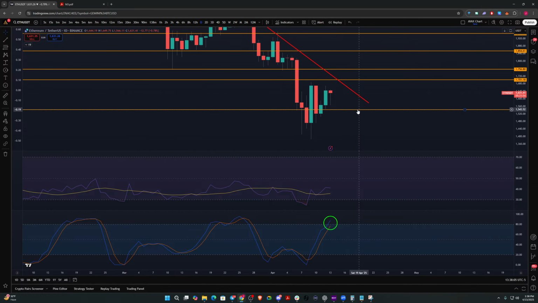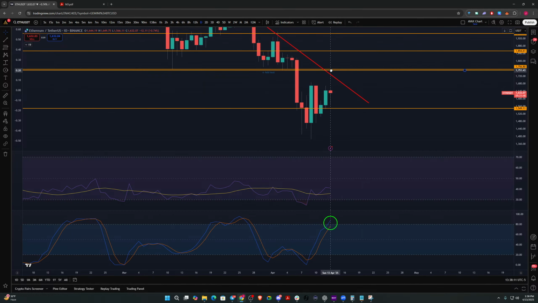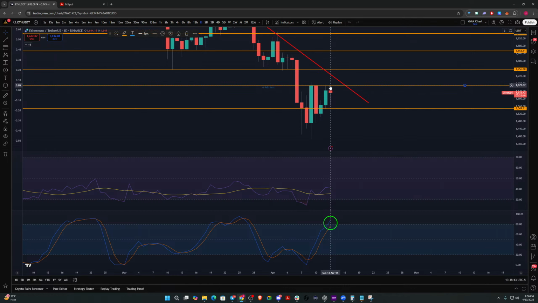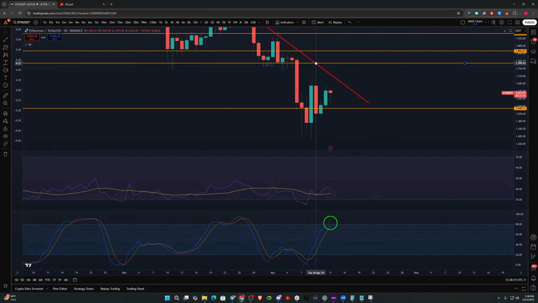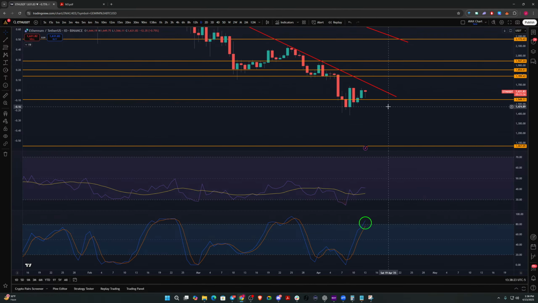We held this 1550 support level that we've had on market updates. But again, the next big resistance is probably going to be 1790 if I had to really narrow it down. Because like we said, it's the middle of the range, you're near trend line resistance, and stock RSI is getting overbought. There are a lot of indicators that Ethereum's probably going to come back to the downside.